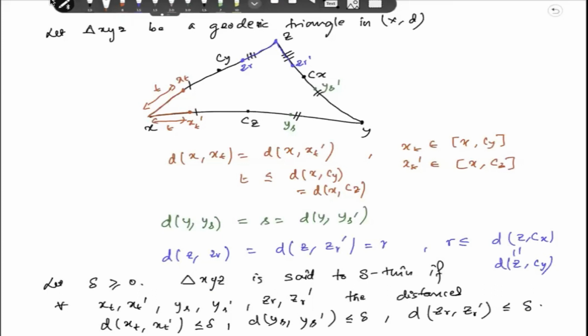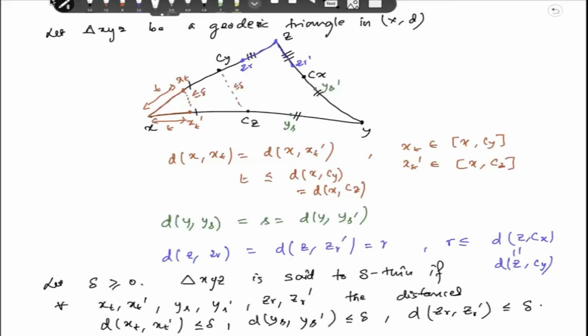Yeah, so in the picture, the distance between Xt and Xt prime is less than or equal to delta. This holds because t is less than or equal to the distance between X and Cy, so this distance will be less than or equal to delta.